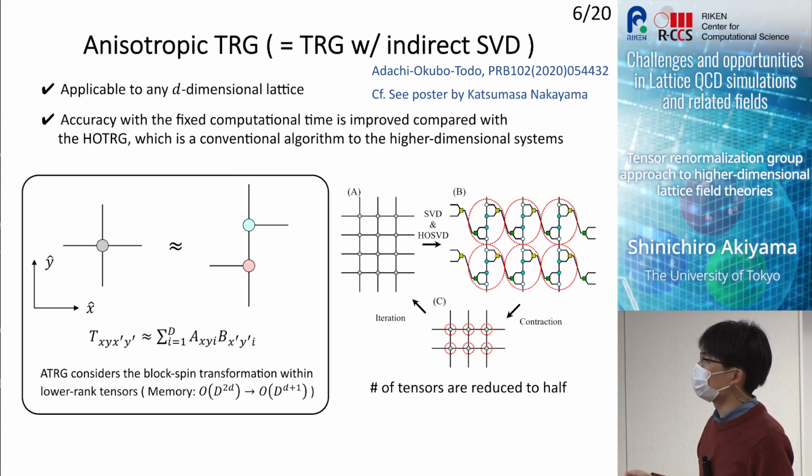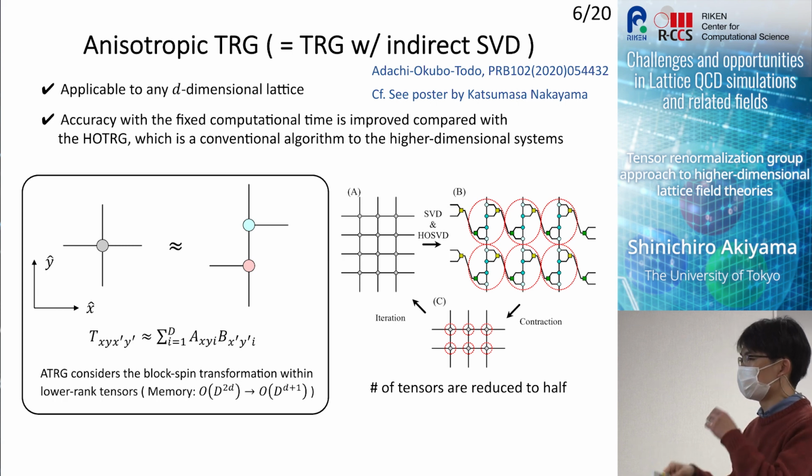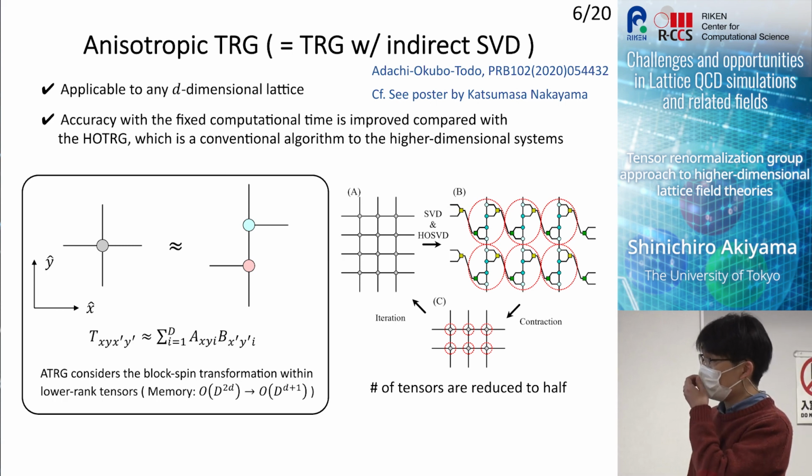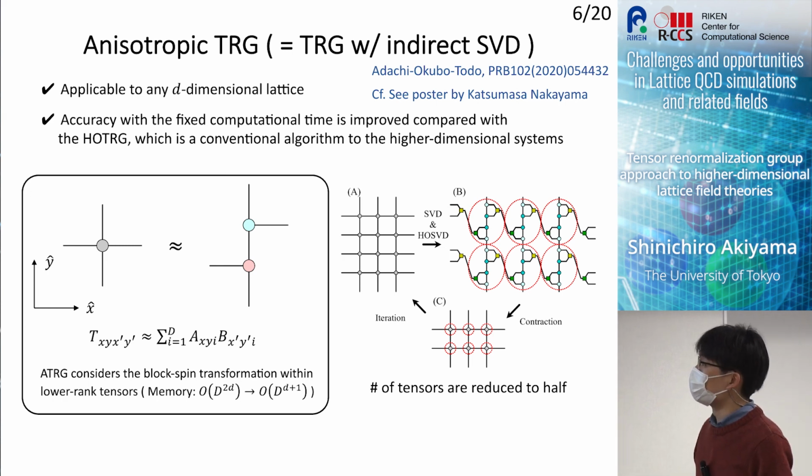The original tensor has four legs, but with this type of decomposition, we have two rank-3 tensors. By constructing a block spin transformation among these low-rank tensors, we can reduce the computational cost. I mean, the computational memory and the execution time can be reduced by using this type of tensor decomposition technique.